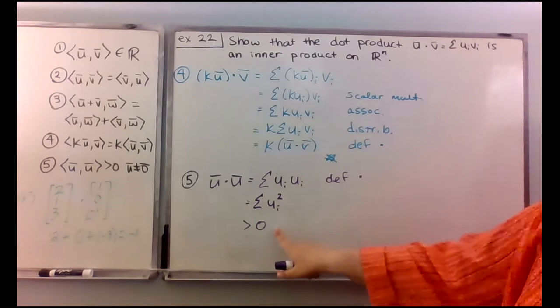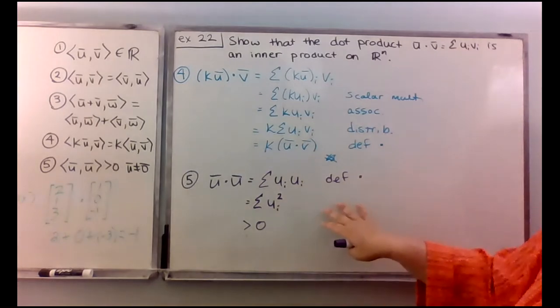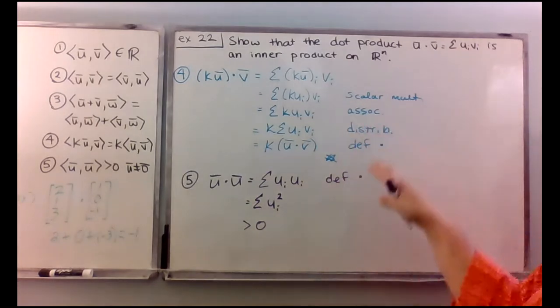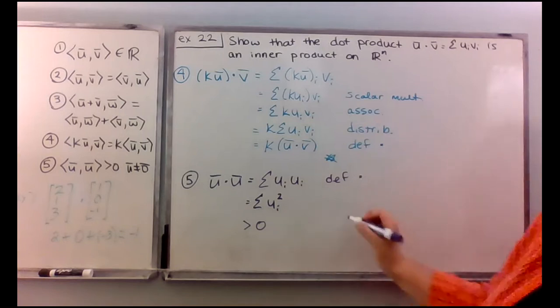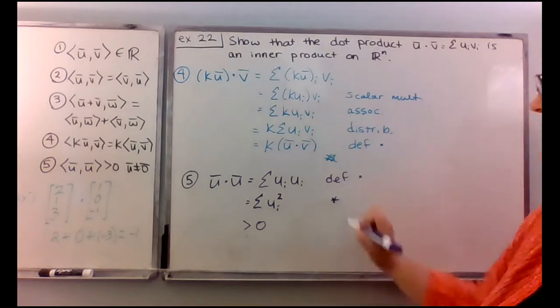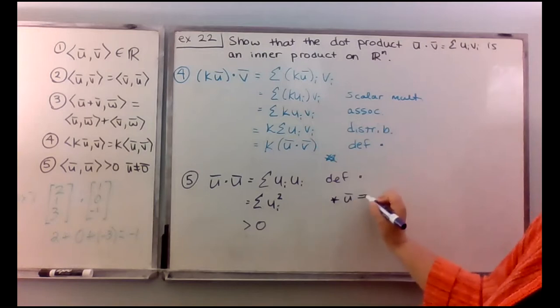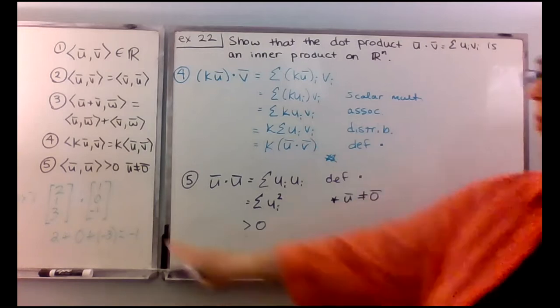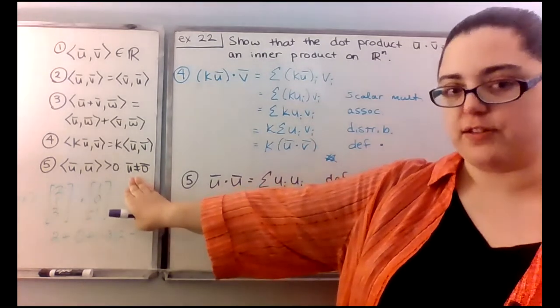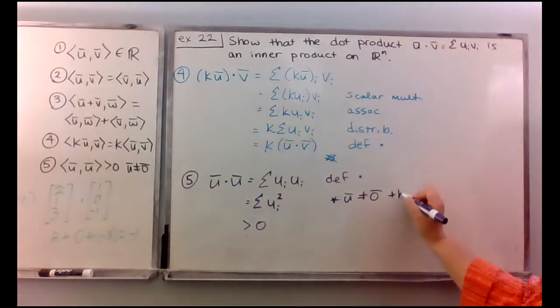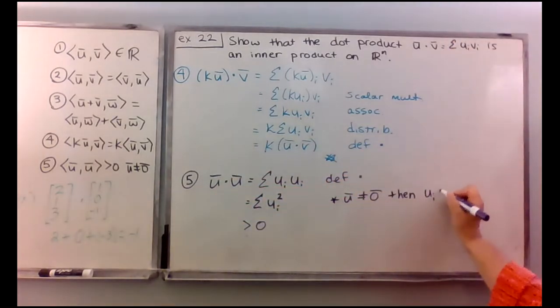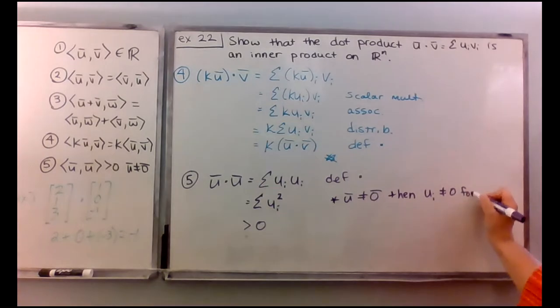So the reason that it's greater than 0, I'm going to do kind of like what I did for the first proof that we did, where I write some notes out. So if u is not 0, right? So we're doing this for a vector that's not the 0 vector, then u_i is not 0 for at least one i.